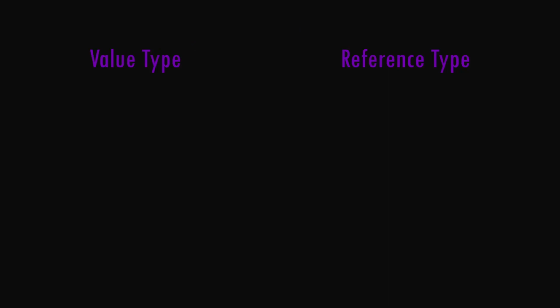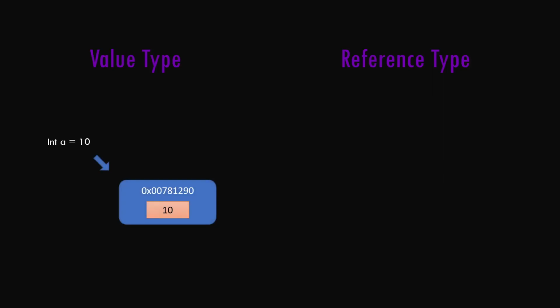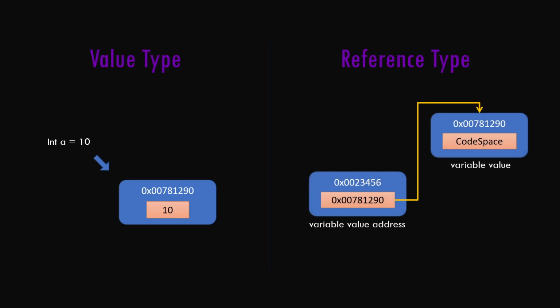A value type holds the value of the variable directly in its own memory space, and value types use stack memory to store the values of the variable. Reference types: two variables can reference the same object. Therefore, operations on one variable can affect the object referenced by the other variable. This is the example I have shown here.